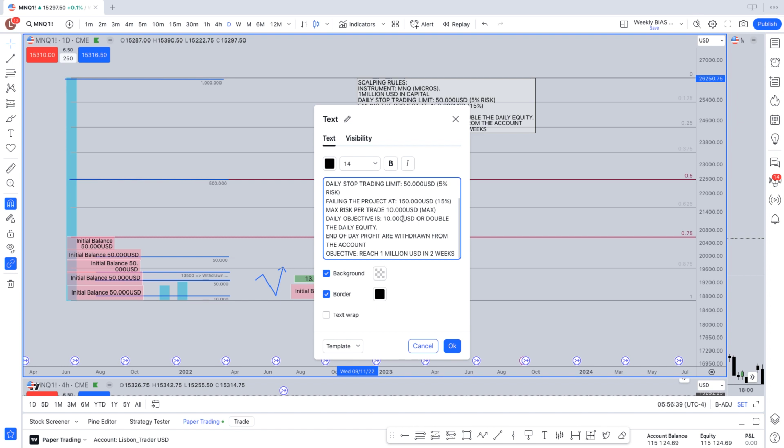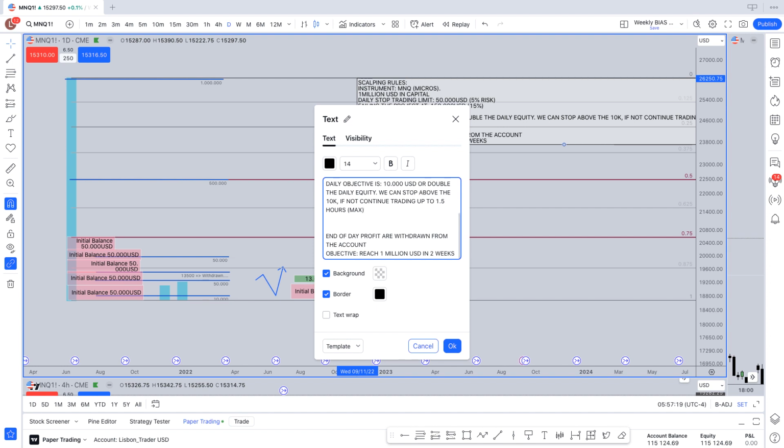Daily objective is, so we can stop or double daily equity depending on how it goes. It means that we can stop above the 10k. If not, continue trading up to 1.5 hours max.